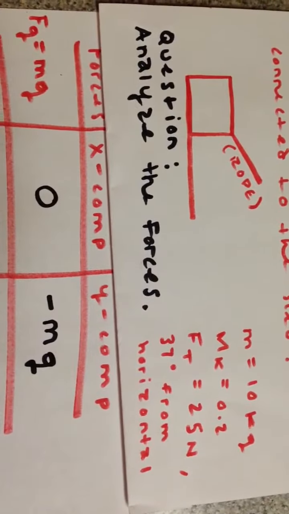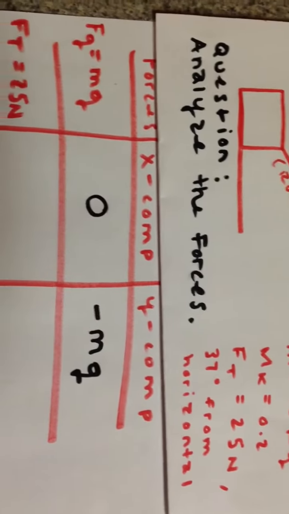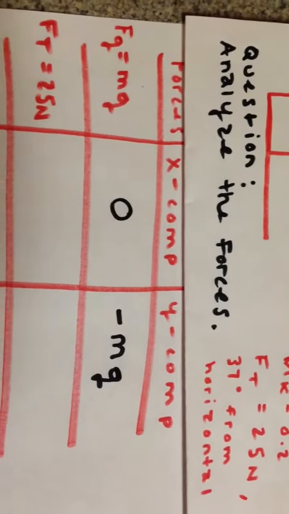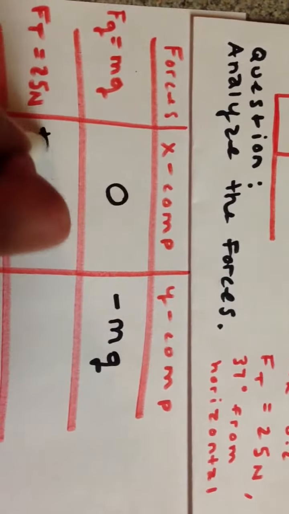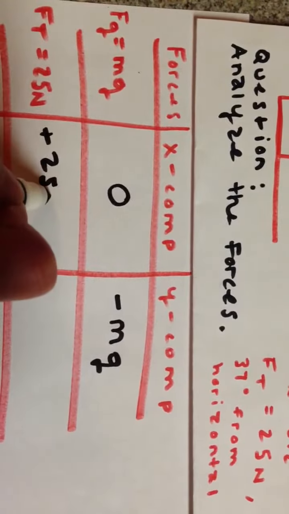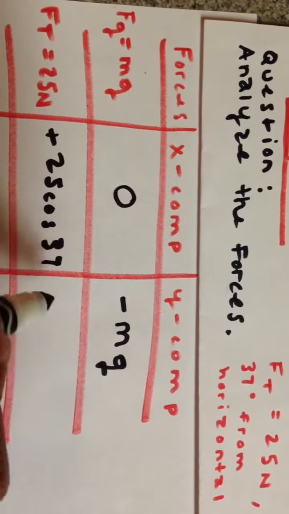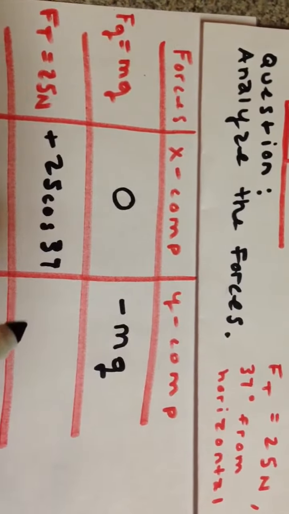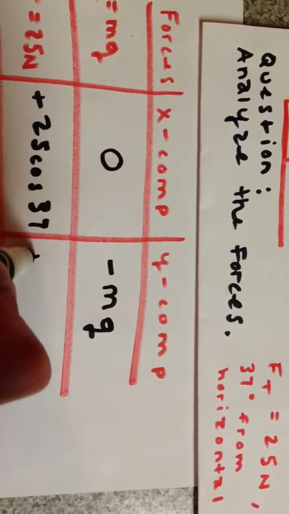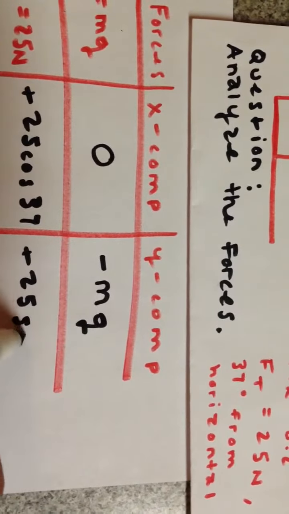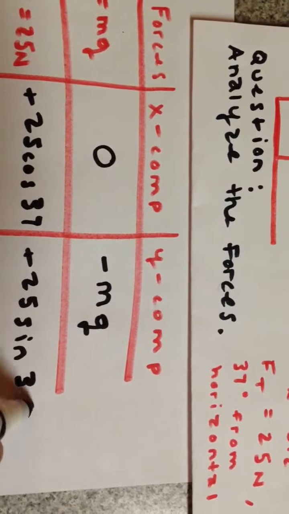Okay, the next force we're going to go over is the force due to tension, which is 25 newtons. In the x component it is positive 25 newtons times the cosine of 37 degrees, and the y component is 25 newtons times the sine of 37 degrees.